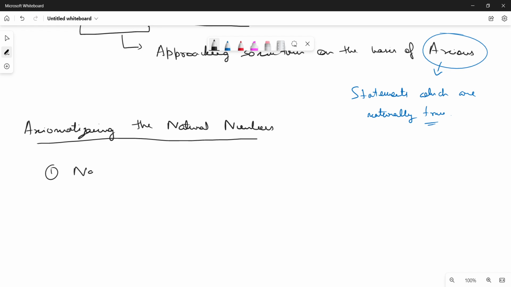Okay, so the first is the notion of equality. So what does equality actually mean?